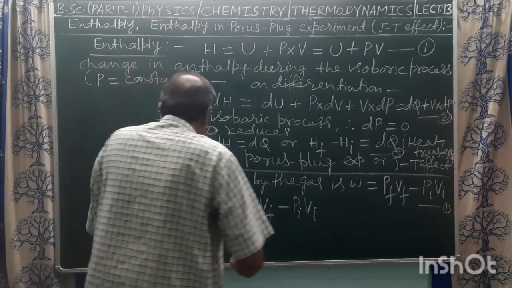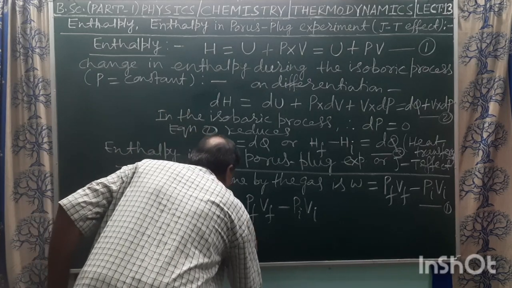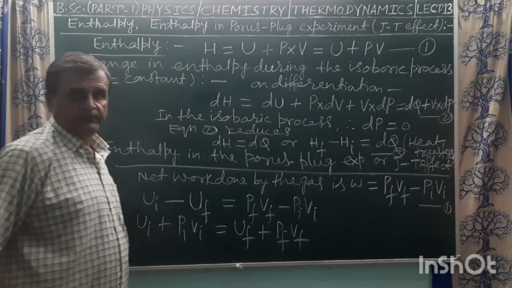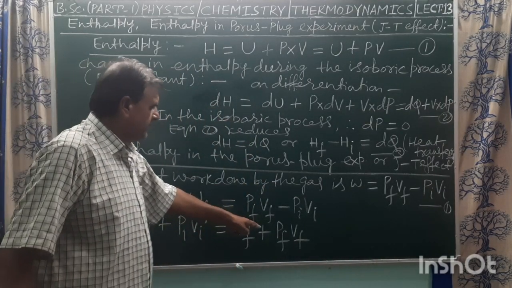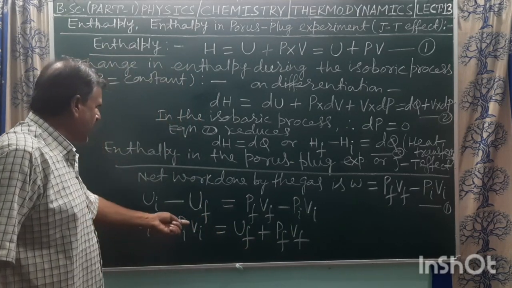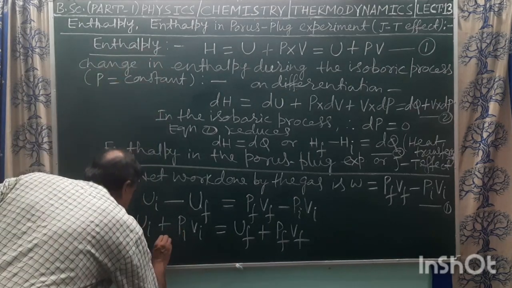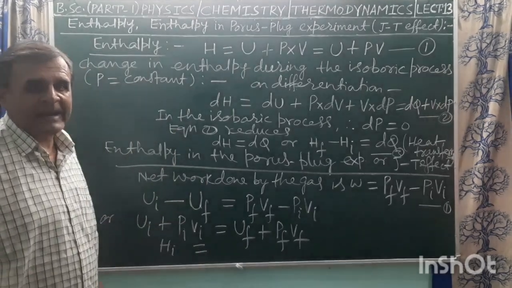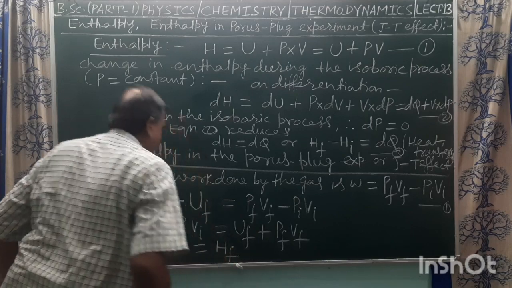So, it will equal to capital Uf plus Pf Vf, which is present in RHS. So, it is Ui plus Pi Vi equals to Uf plus Pf Vf. That is, Ui plus Pi Vi is what? Initial enthalpy, it is Hi, initial enthalpy, and Uf plus Pf Vf is what? Final enthalpy. That is, Hi is equal to Hf.